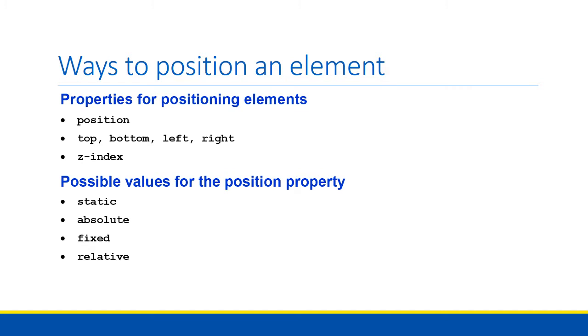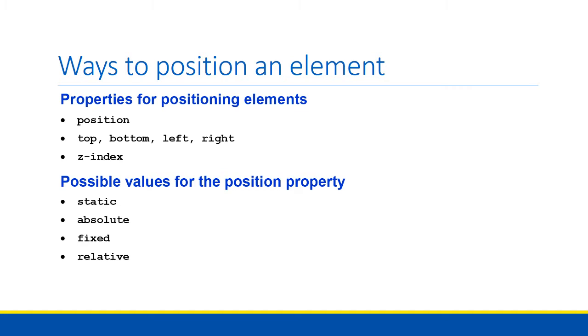Those are very similar to setting margins, except this is telling us where on the page we want this to appear. So this is where we can get some overlapping. This is where we can move stuff around on our page. A little bit different than what we do with floats, but in a different, more precise way.